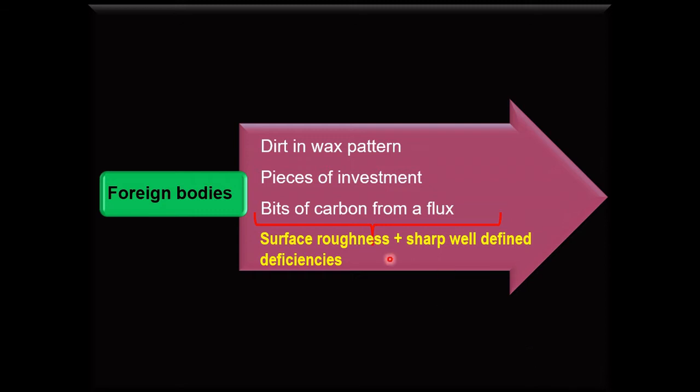So foreign bodies in the form of dirt in the wax pattern, pieces of the investment, or bits of carbon flux are not desirable at all. Usually contamination not only results in roughness, but sharp, well-defined deficiencies can also be seen in the casting.